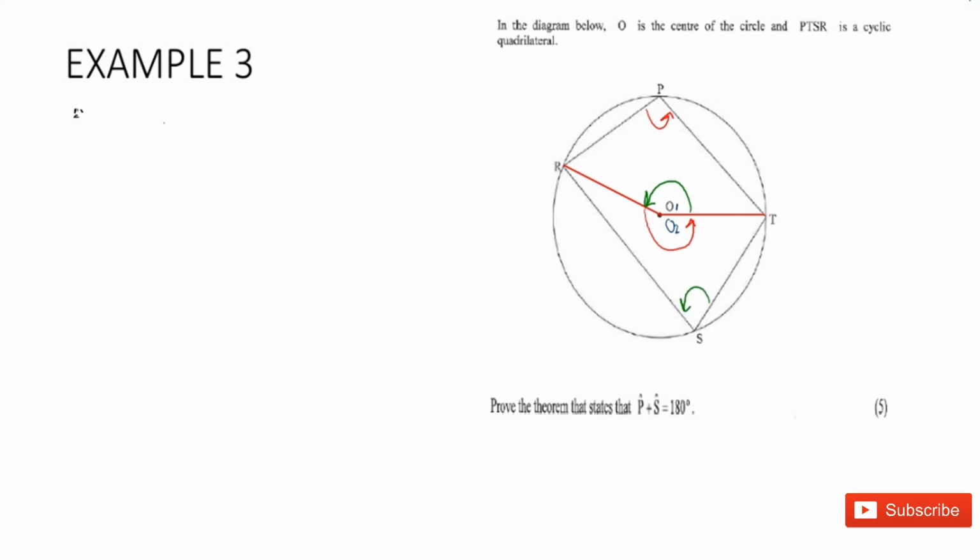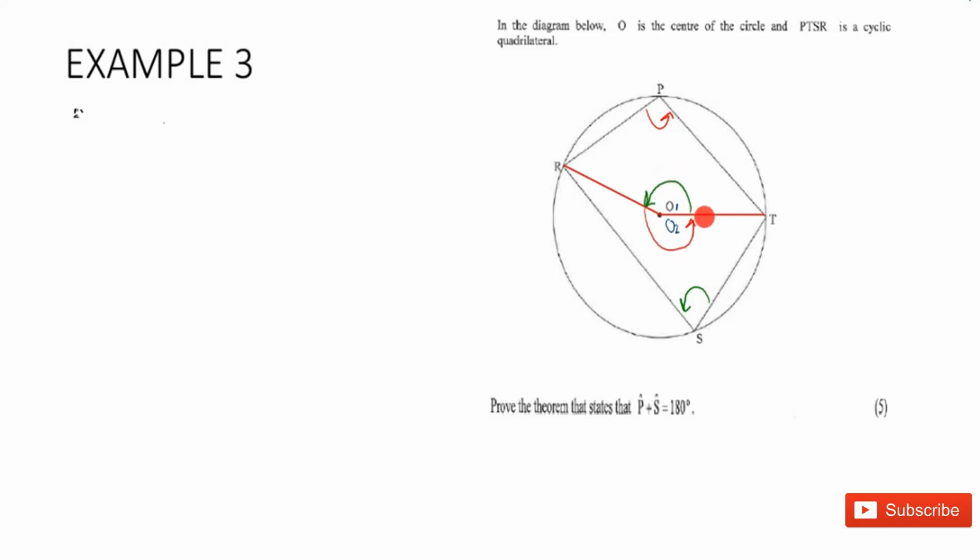So how can we use what I've just drawn on my diagram to help us derive the formula for opposite angles in a cyclic quadrilateral being supplementary? What do you notice here in the center?